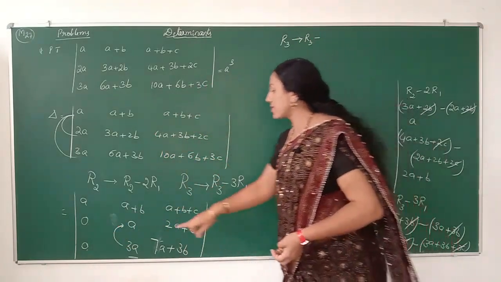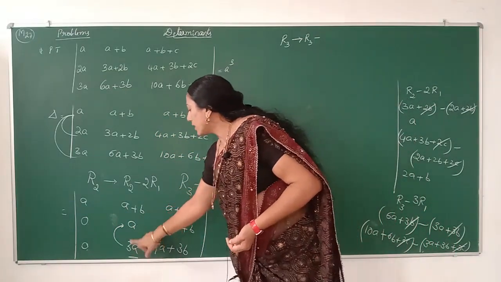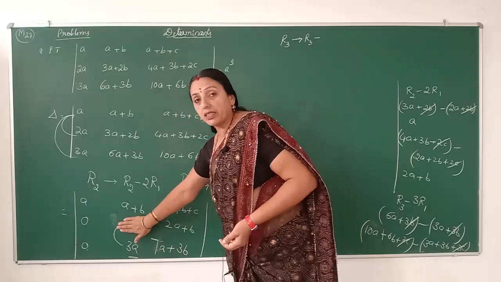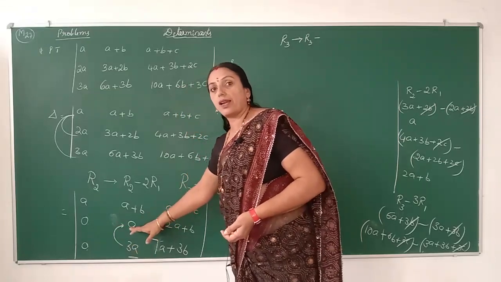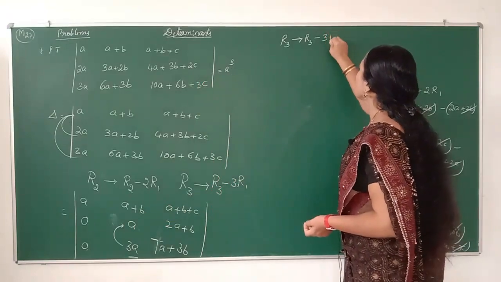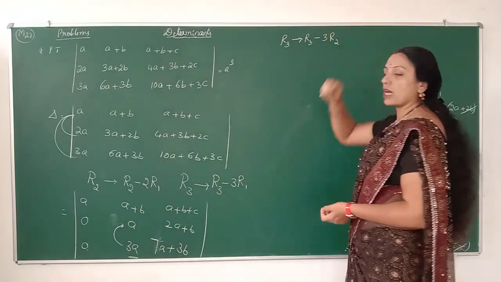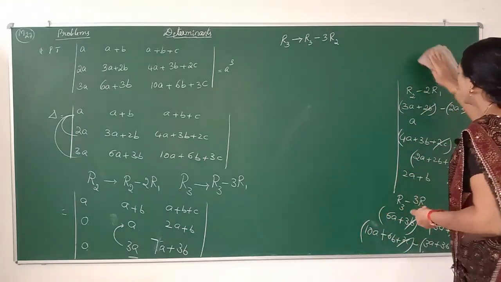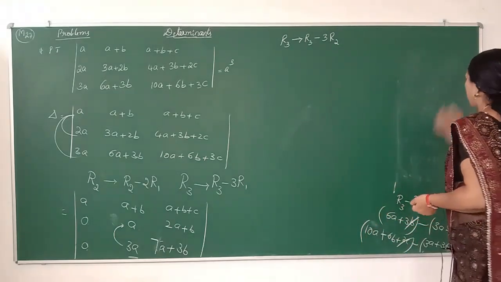If the element of the second row is a, then 3a minus a is not equal to 0. Suppose it is also 3a, then 3a minus 3a is called 0. So therefore R3 can be changed with R3 minus 3 times R2.